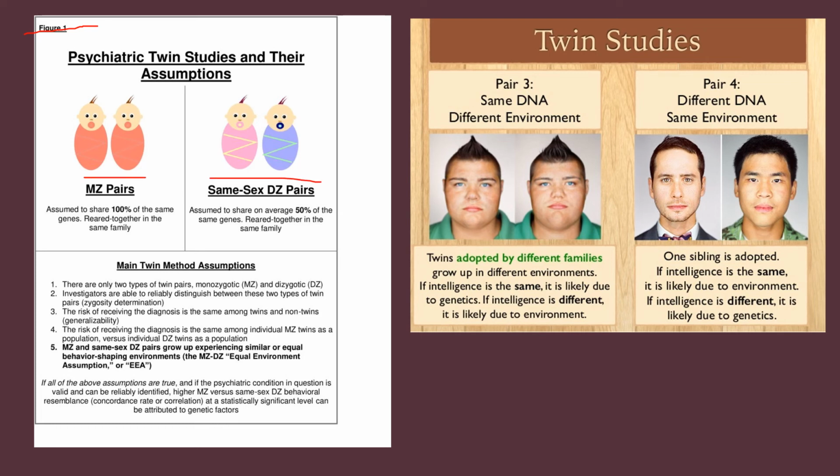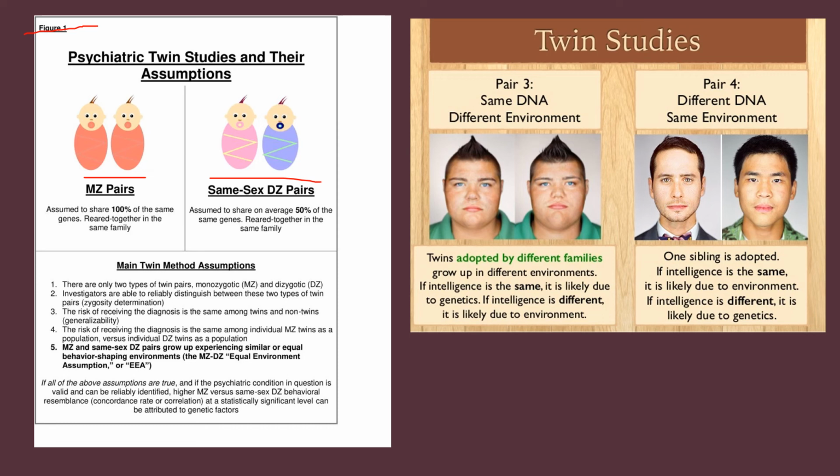Okay, this main twin method assumption: there are only 2 types of twin pairs, monozygotic and dizygotic. Investigators are able to reliably distinguish between these 2 types of twin pairs. The risk of receiving the diagnosis is the same among twins and non-twins. The risk of receiving the diagnosis is the same among individual monozygotic twins as a population versus individual dizygotic twins as a population.